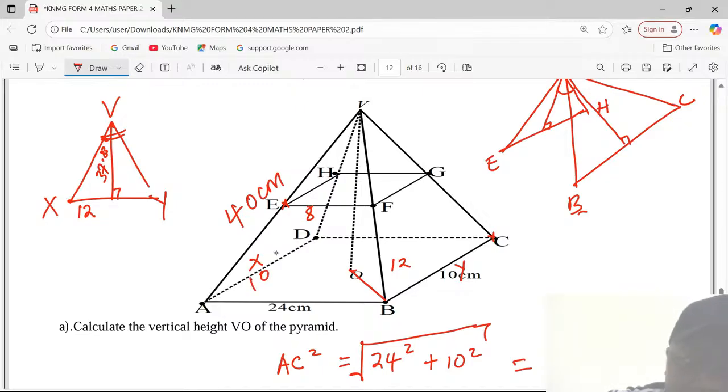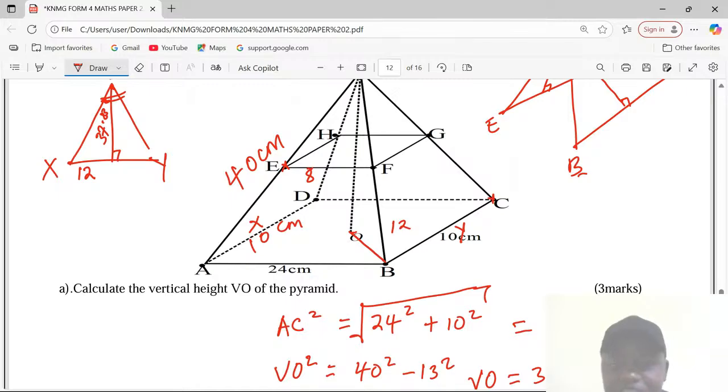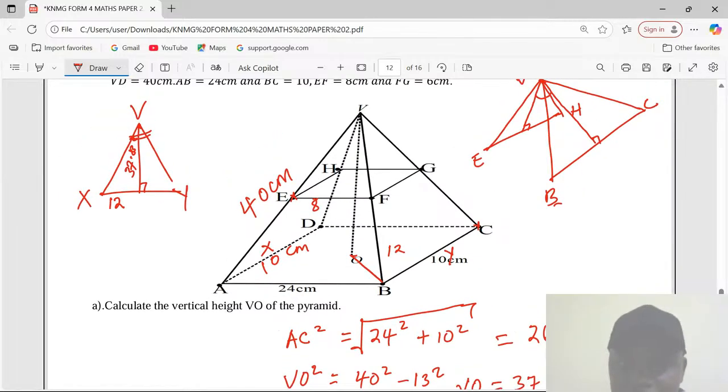This is 10 centimeters. So we first identify the shadow. The shadow, or the projection of VB on the base, is going to be BO. If the shadow is BO, then we can find the angle now, which is the angle at this point.